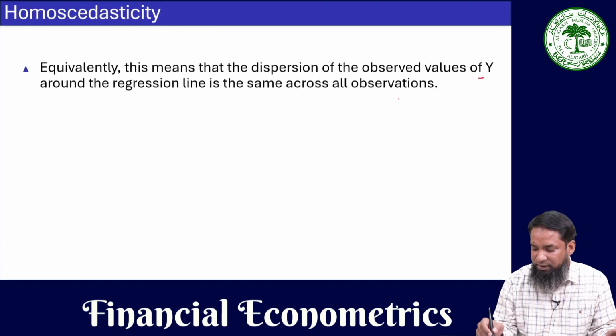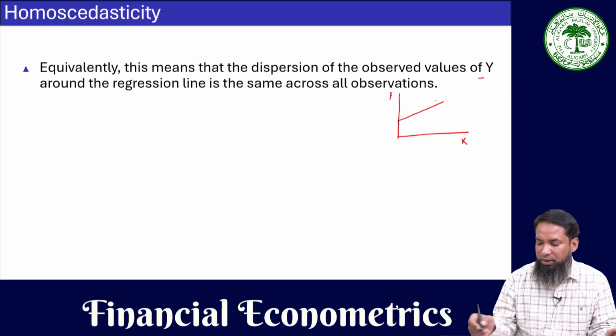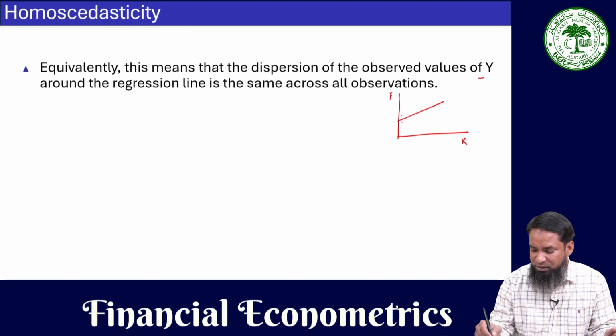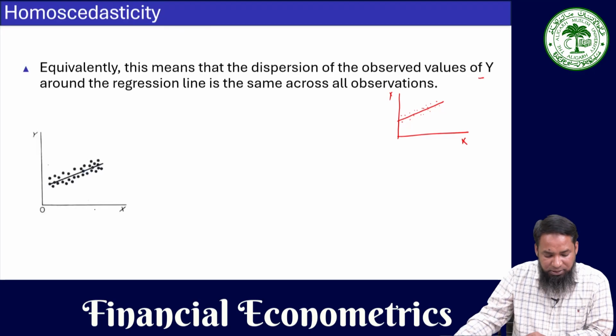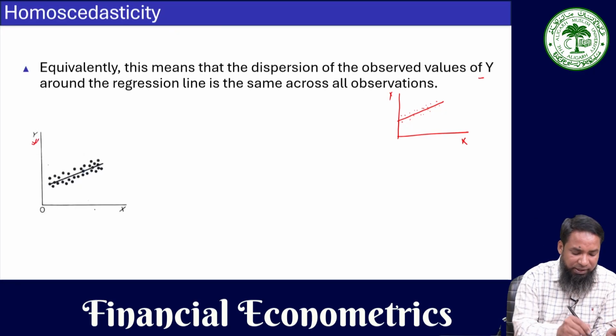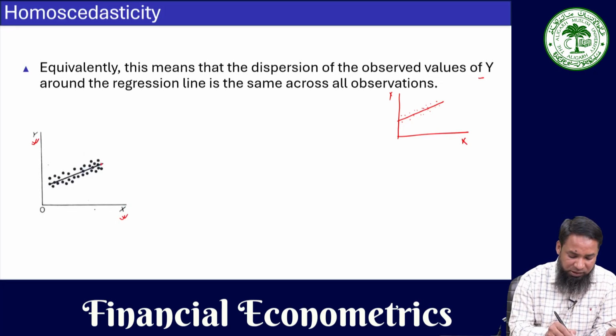So it basically says that if we have x here, y here, and we have the estimated regression line, the equality of the variance reflects that the dispersion of the observations around this estimated regression line is always the same. To understand this better, let us see certain graphs where we are drawing y on the y-axis and x on the x-axis. Here, this is the estimated regression line.